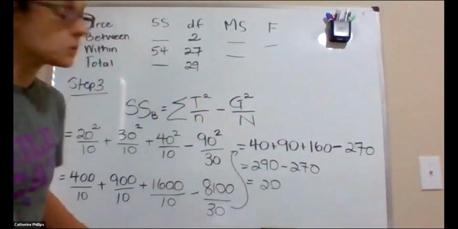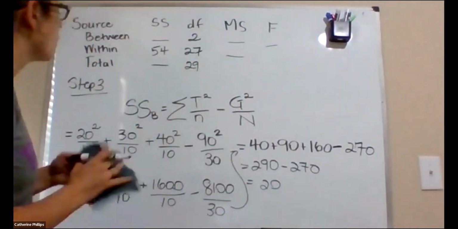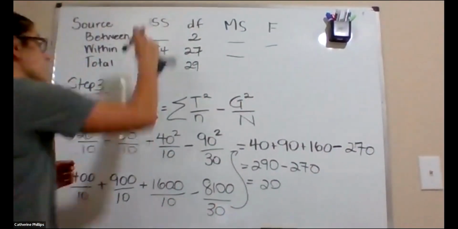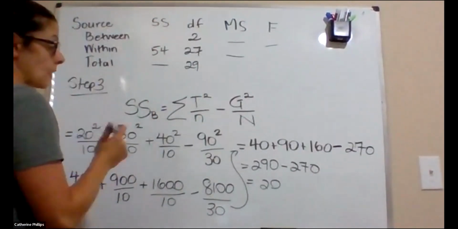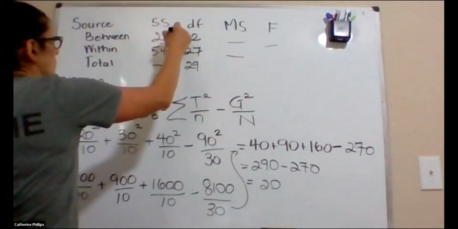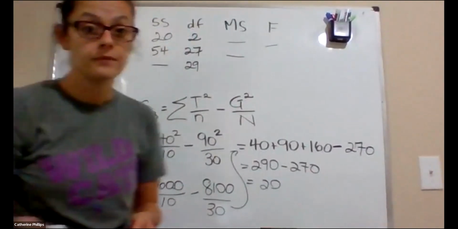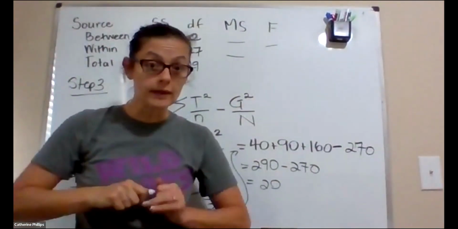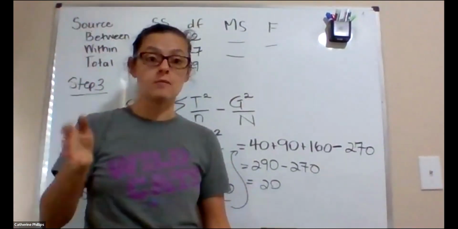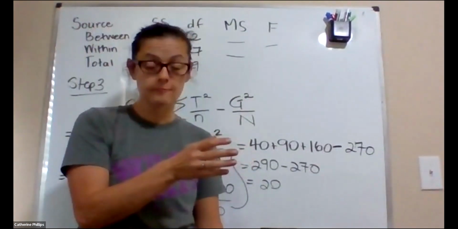Now, your sum of squares is always going to be positive. Each of the sum of squares is going to be positive, and that goes back to how it's computed. The sum of squares is the sum of the squared deviations.